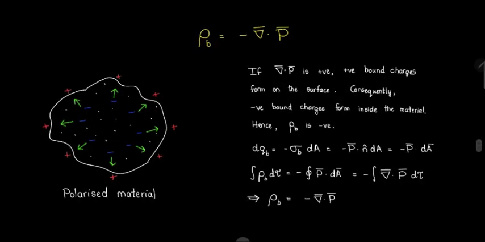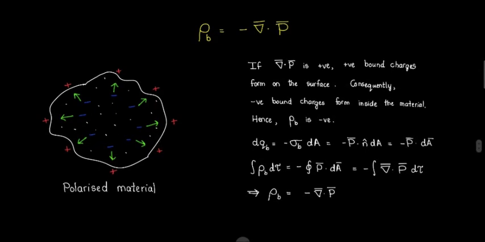This is very interesting. When I say volume charge density is minus of divergence of P bar, what does it mean? If this is positive, that means positive charges form on the surface. I mean, that is very much obvious. If you have positive divergence, it means things are going from inside to outside.